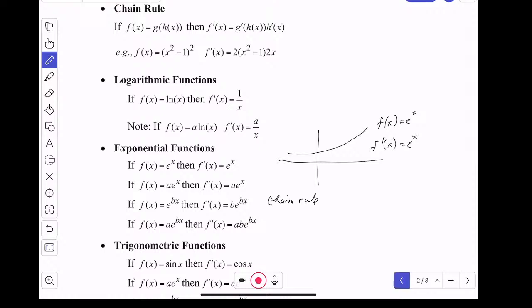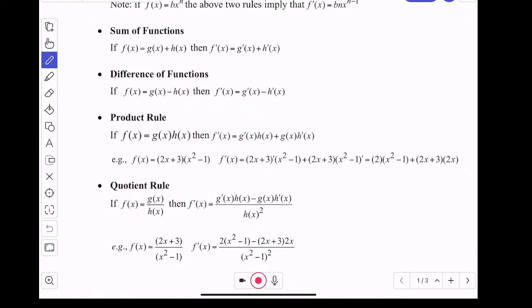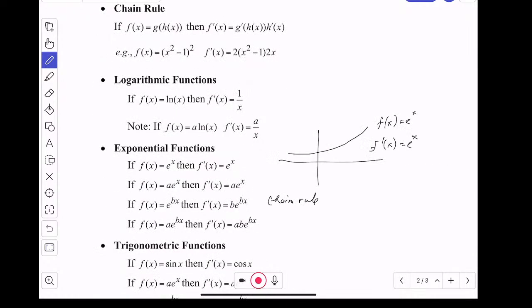The chain rule, which is defined back here, or up here. When you take the derivative of a function with a function inside of it, you go step by step. See, here's a function with a function inside. So you have to take the derivative of the outside first, and then the derivative of the inside, and you multiply them.